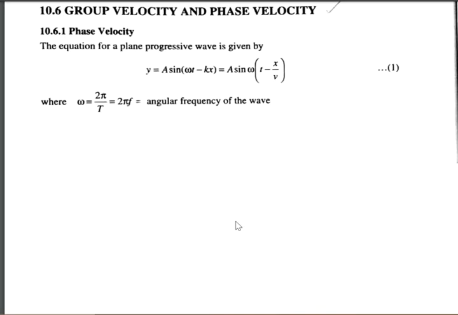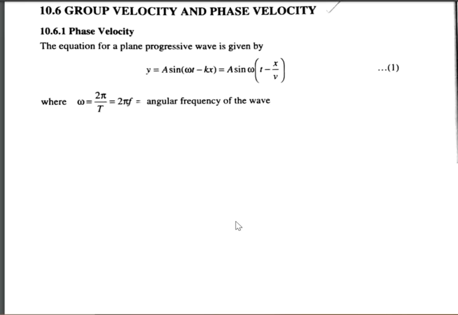So phase velocity: we can understand what phase velocity is from the progressive wave equation which we have discussed in the earlier classes. So y is equal to a sin(omega t minus kx), where a is amplitude, omega is angular frequency, and k is the propagation constant. You know that omega is 2 pi by T, which is equal to 2 pi f, the angular frequency of the wave.